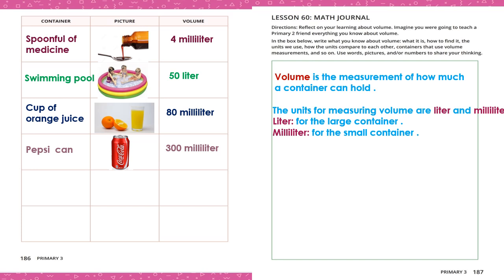The units for measuring volume are liter and milliliter. Liter is for the big amount or the large container, but milliliter we use to measure the small amount or the small container. Number 3, the relation between the liter and the milliliter: 1 liter equals 1000 milliliter.